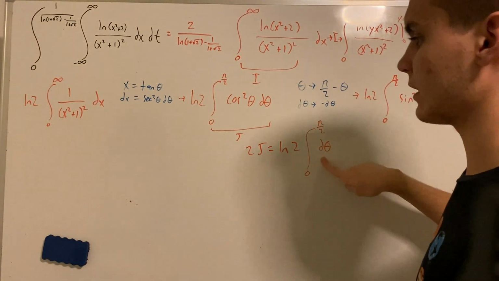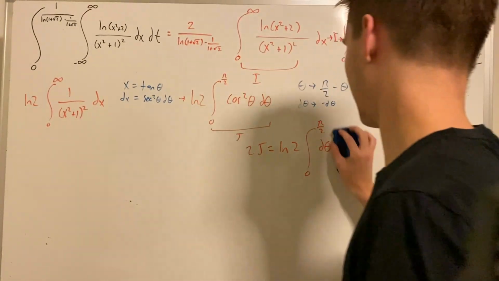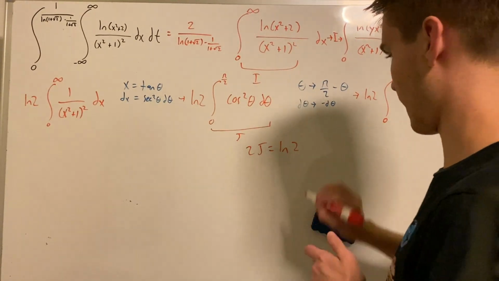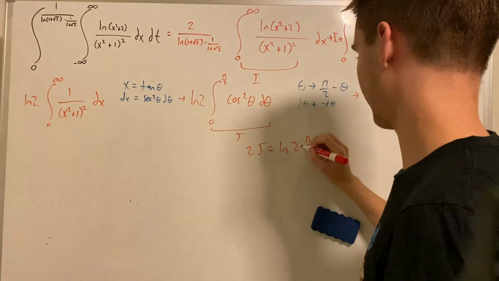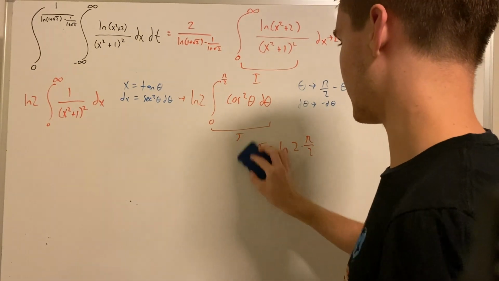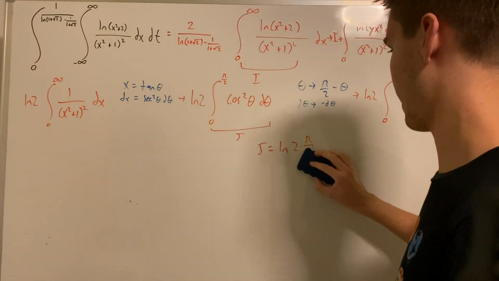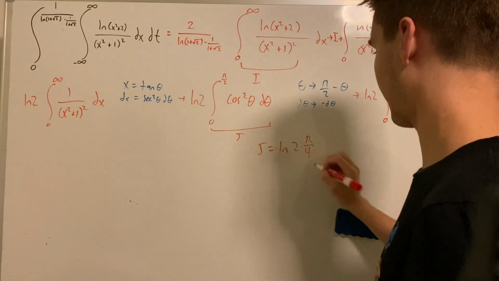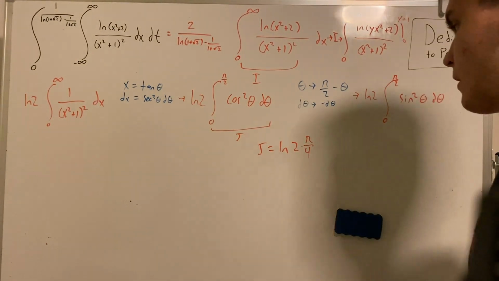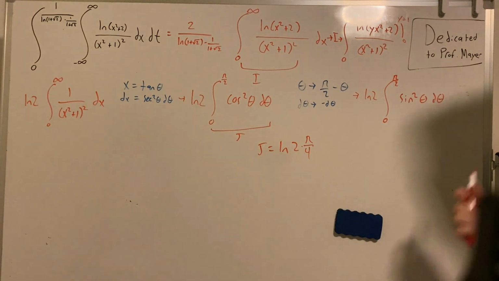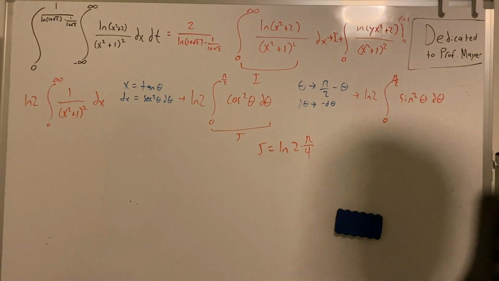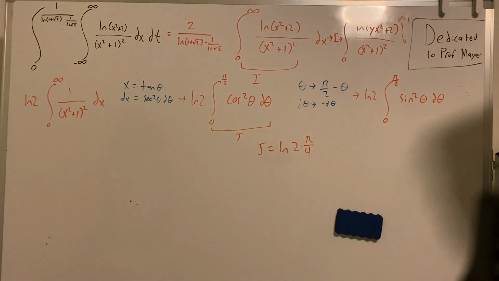This is obviously going to give us pi by 2. And then we divide by 2. Boom. So this is the number we get from this extra little term from y evaluated at 0.